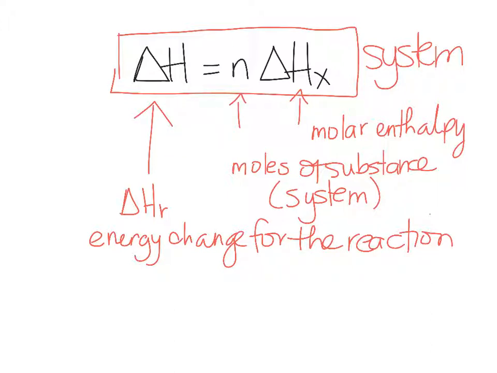Will you be asked to memorize your delta HXs? Absolutely not. You'll be given them in your textbook in a chart. You'll either be asked to find them mathematically, or you would be given them in the question. Delta HX is a constant, and it depends on the substance, depends on the process. Delta H or delta HR is what will change.